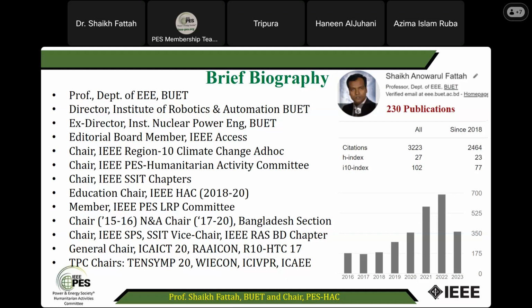This year, it's a new year, so it's a reset, and with full enthusiasm, all our committee members will be trying our level best to have at least 10 projects funded and executed during this year. That's why it's a very important phase. If you carefully listen to these humanitarian project aspects, it will help you to write a better project proposal.